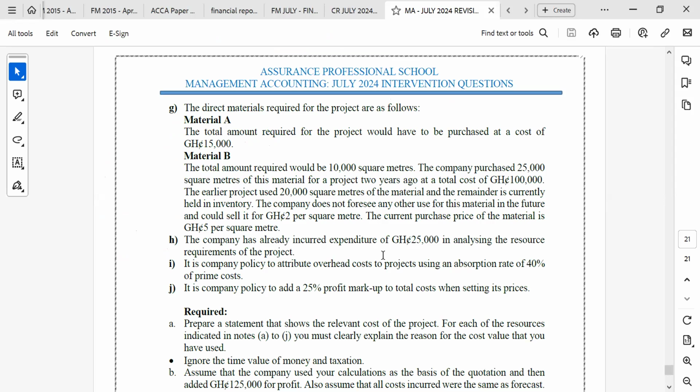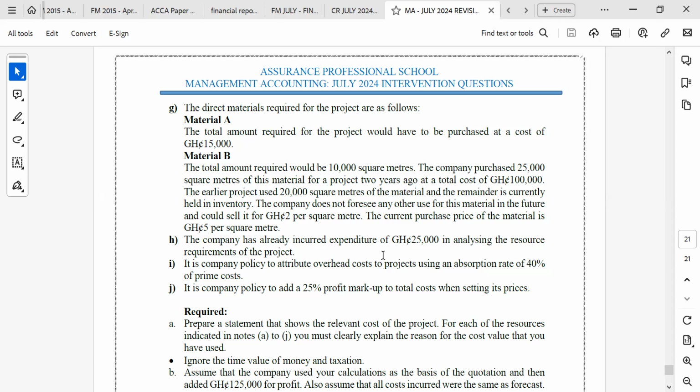The earlier project used 20,000 square meters of the material, and the remainder is currently held in inventory. The company does not foresee any other use for this material in the future and could sell it for 2 cedis per square meter. The current price of the material is 5 cedis per square meter.